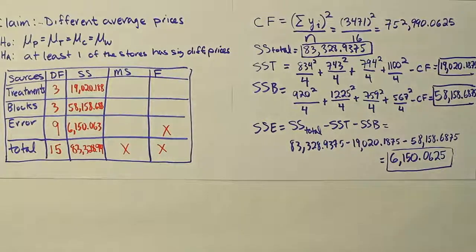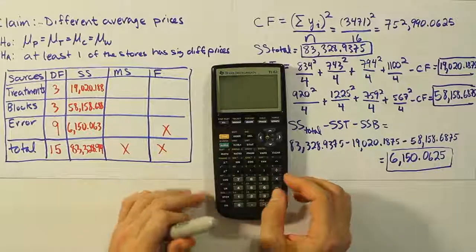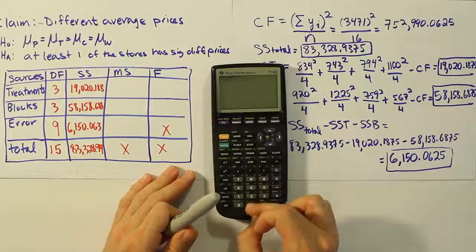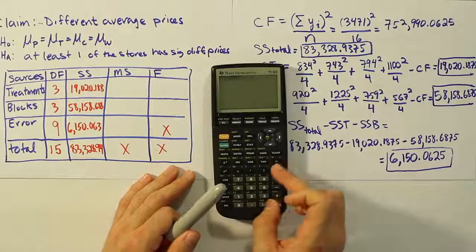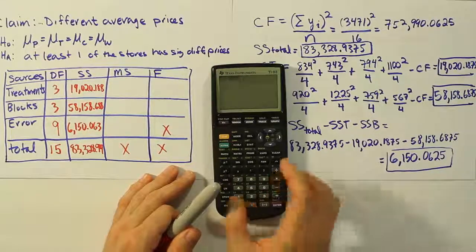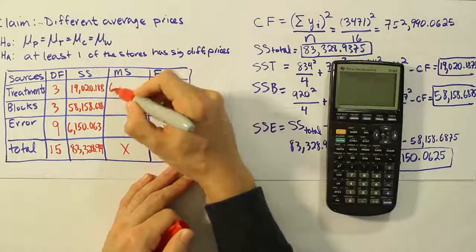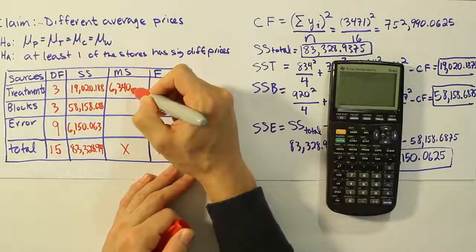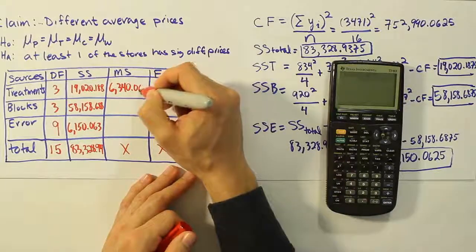Okay, so let's get MST first. In order to calculate MST, we're going to simply do the 19,020.188 divided by 3. And we get the answer 6,340.063.